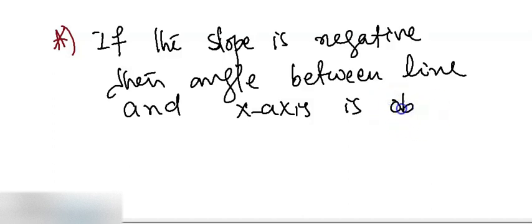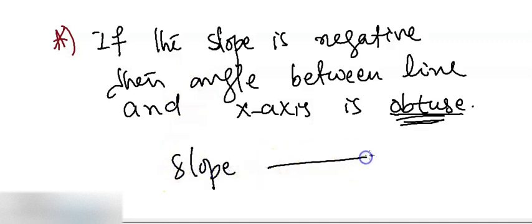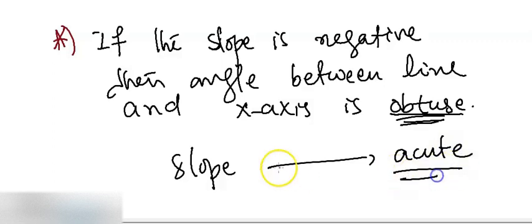What do we mean by obtuse? Obtuse means an angle with measure greater than 90. And if the slope is positive, then it becomes an acute angle, meaning less than 90.